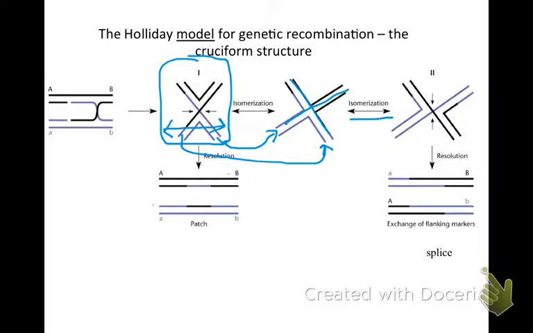And in this case, now we're going to rotate along this plane. And now you see that the DNA that was on the top here is now on the bottom, and this piece of DNA is now on the top.